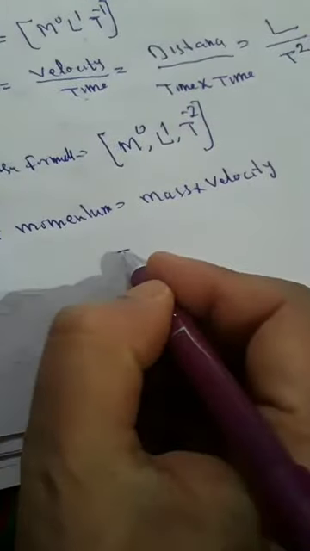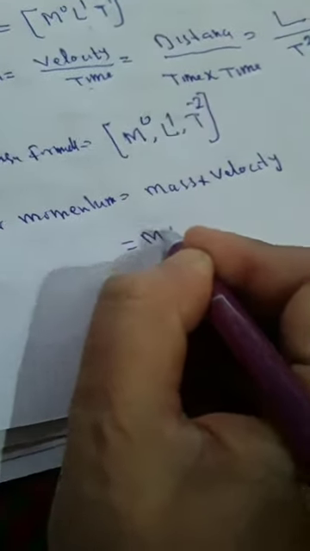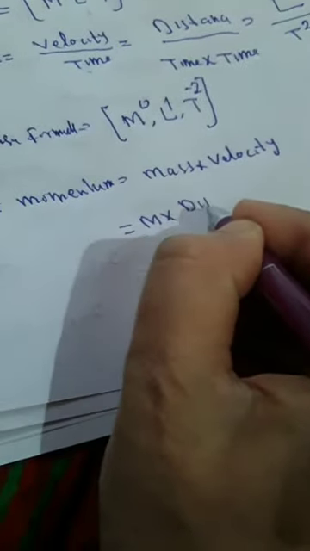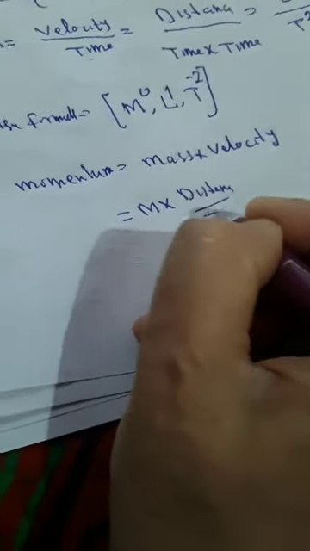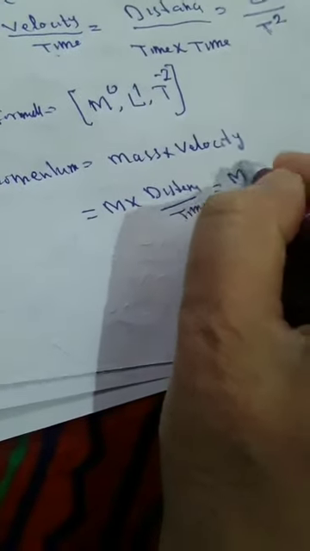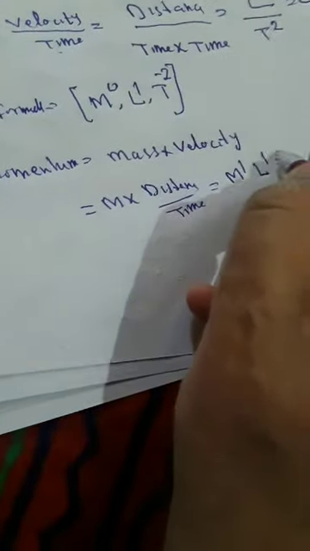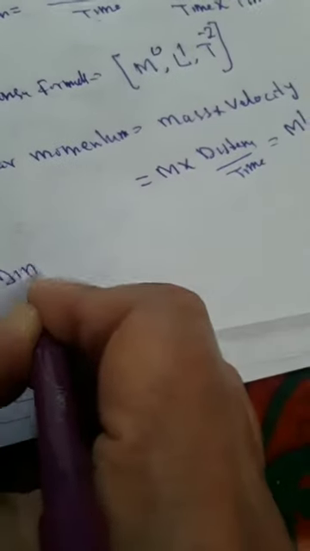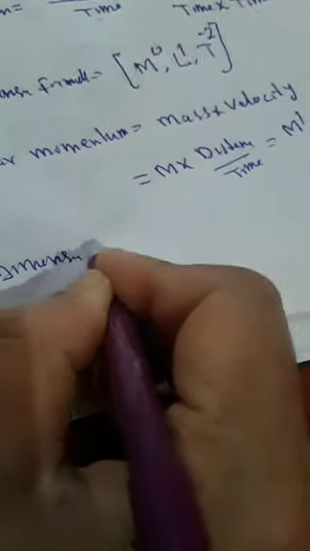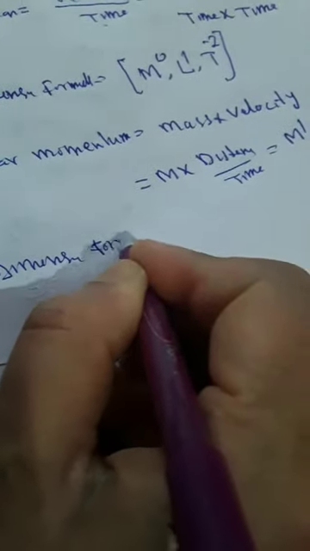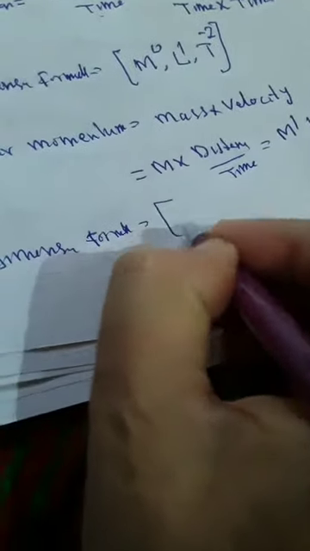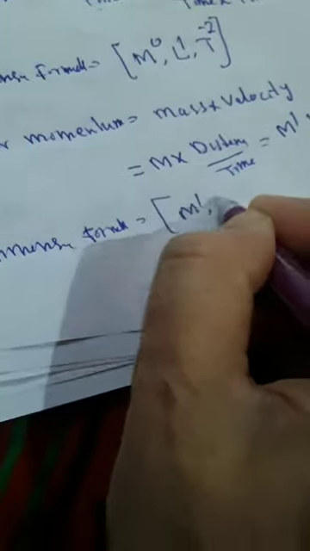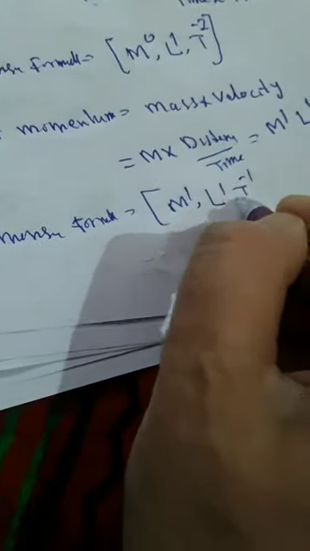Mass is M. Velocity is again distance divided by time. It can be written as M1 L1 T raised to power -1. So the dimensional formula becomes [M1 L1 T-1].